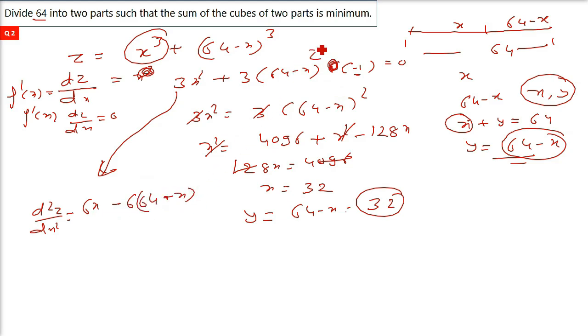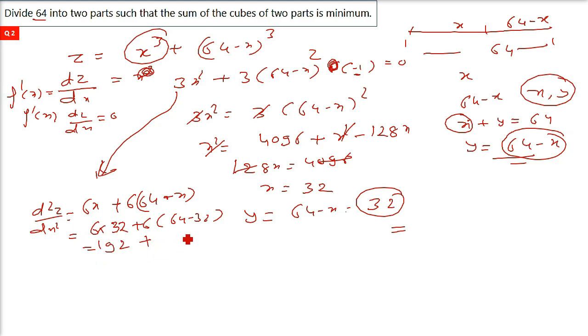In this expression you have to put x as 32 and find out whether we get negative or positive. That will signify not the value but the sign, and that sign will indicate whether it is a minimum or maximum, because negative means maximum and positive means minimum, as we have learned in the previous exercises.